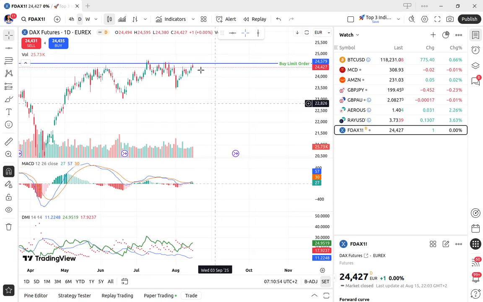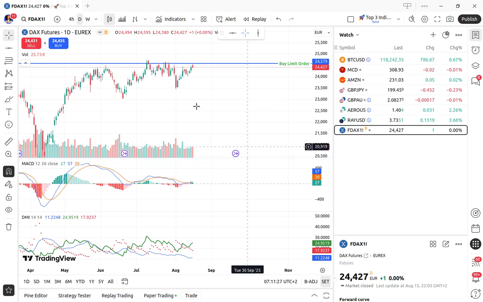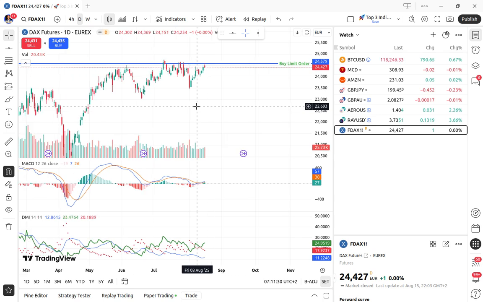So I don't know if I can show you the platform that I would use to trade it. Hope I can show you the platform. Excuse me. So this is the one I would trade in the futures market.